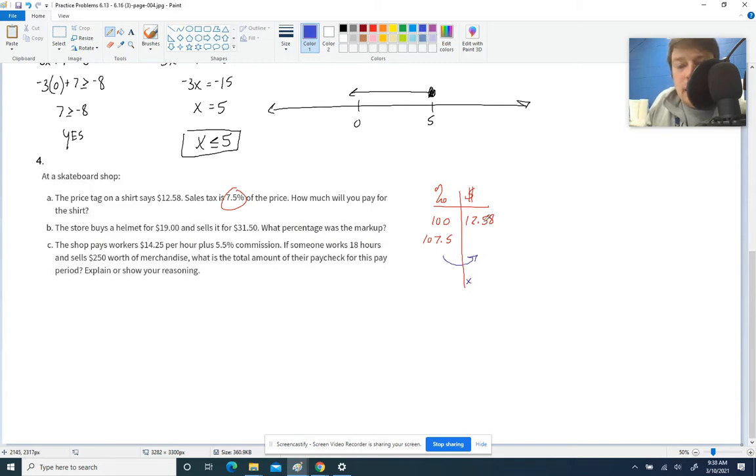So the constant is 12.58 divided by 100, which is just going to move your decimal over twice. So 0.1258. We just got to do 0.1258 multiplied by 107.5, and we'll have our answer. So let's go do that.